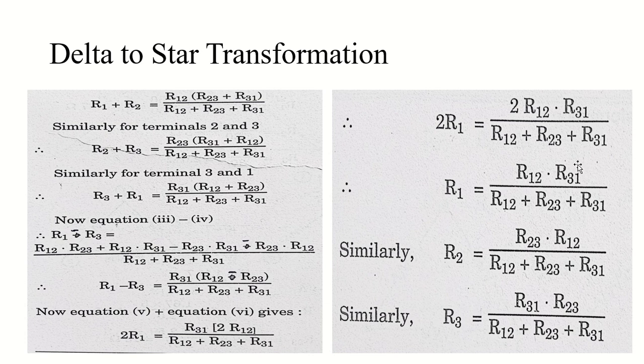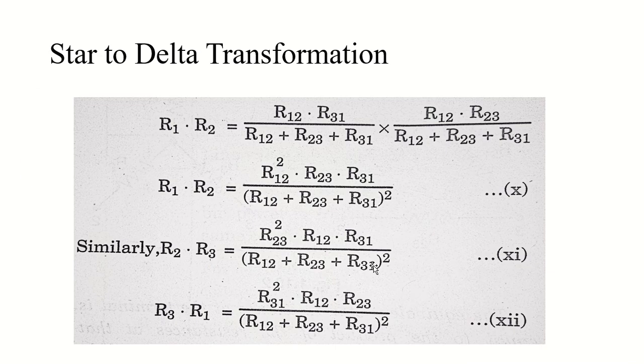So here you see R31 is getting repeated twice, and again the denominator is the same as the previous two cases, the denominator will get squared because it is the same. So I'm sure you would be able to grasp whatever is going on. So let's verify it here. R31 square into R12 into R23 divided by R12 plus R23 plus R31 whole square, right?